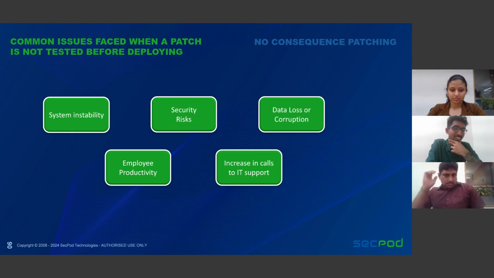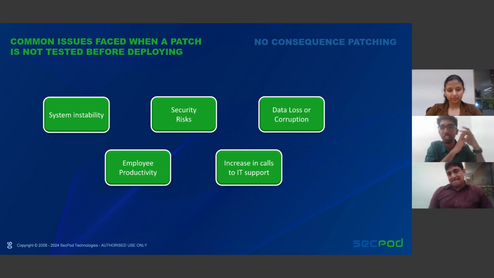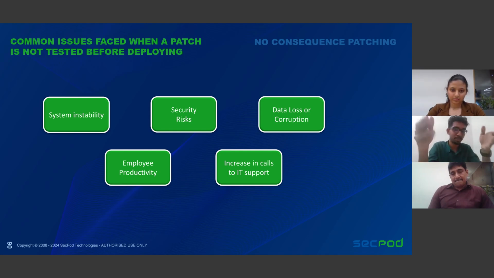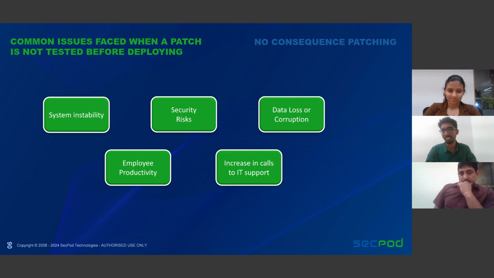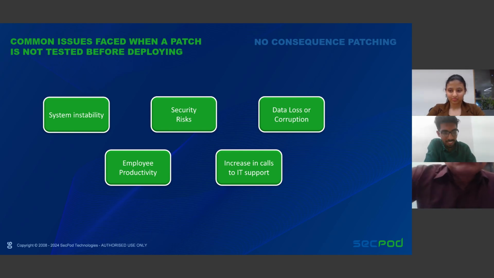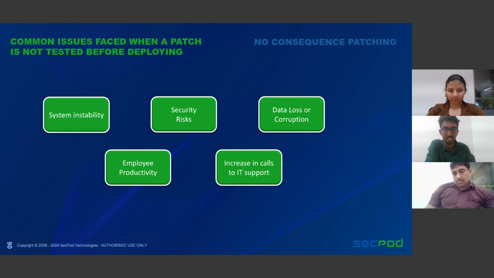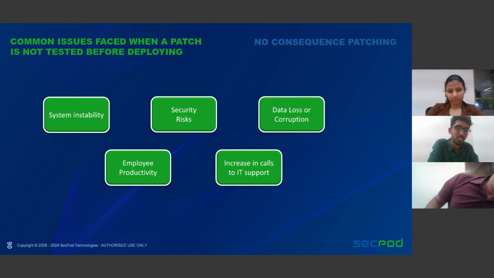Yep, sure thing. The first thing we need to keep in mind here, Rakesh, when we're talking about not testing a patch before deploying, is system instability. I don't really want to paint you too many unpleasant pictures, but bear with me. I'm going to paint you another one here. Imagine you're deploying a patch in your environment. You've found out that a particular vulnerability requires a patch.